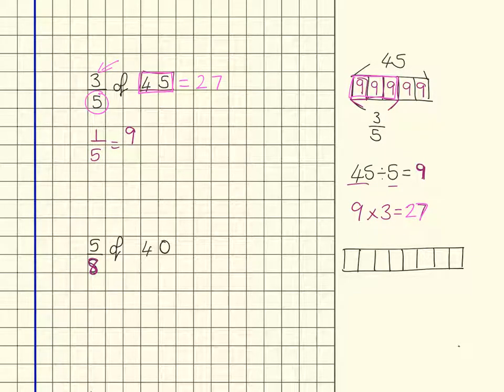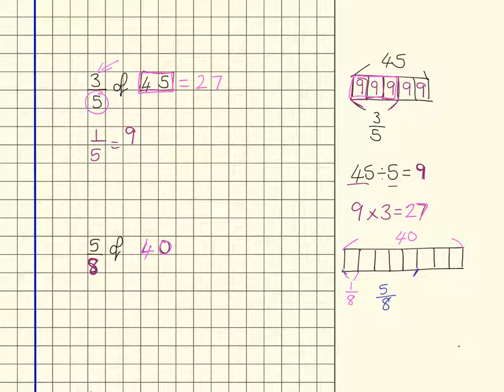This tells me what my bar has been split into. 40 is the whole, so that's this part here. And I know that this is 1/8, and this is 1, 2, 3, 4, 5/8 would be here.